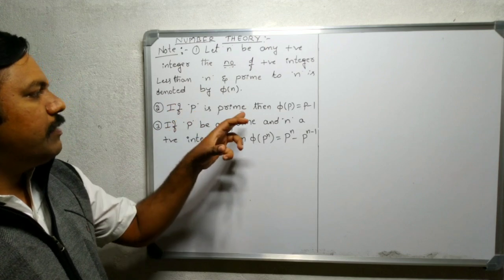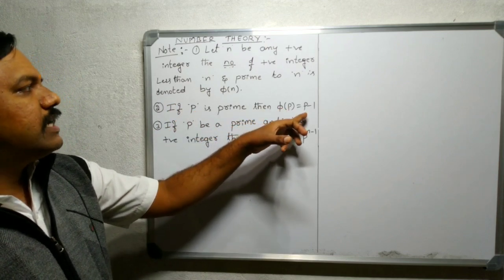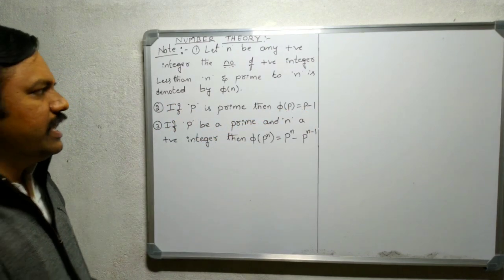If p is prime, then phi of p is equal to p minus 1. It's clear.